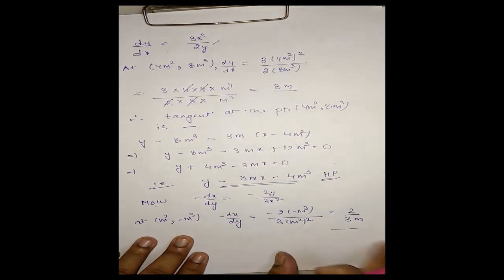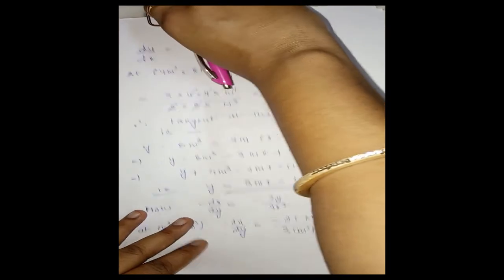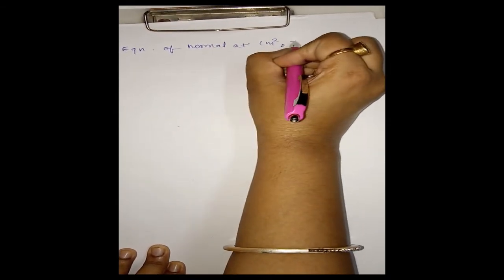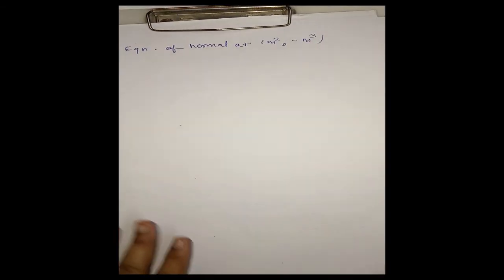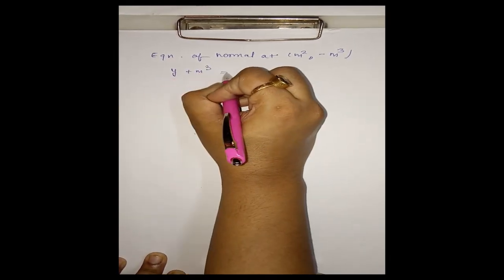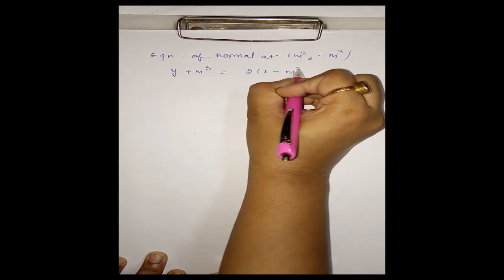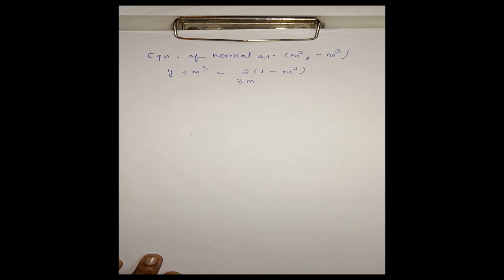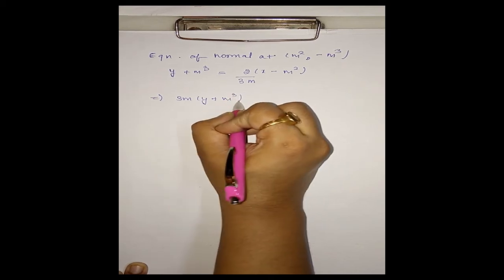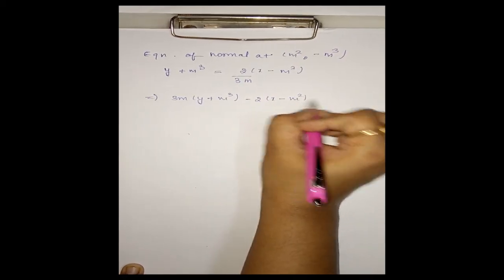Now to find the equation of the normal at this point (m², −m³): y + m³ = (2/3m)(x − m²), and this gives us 3m(y + m³) − 2(x − m²) = 0.